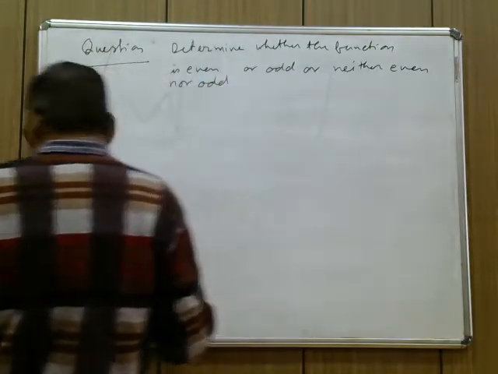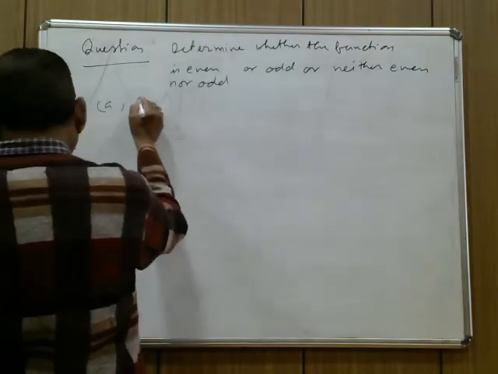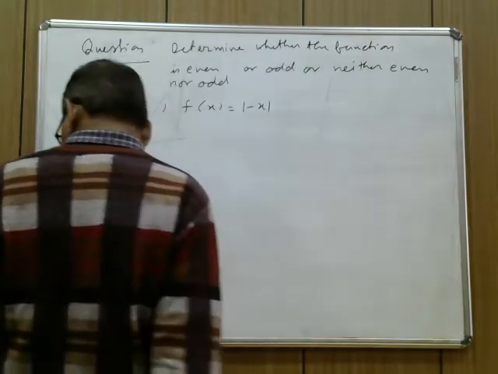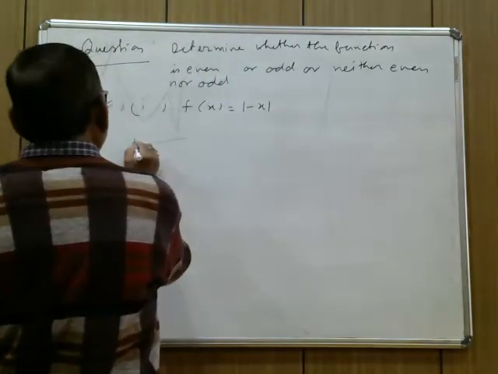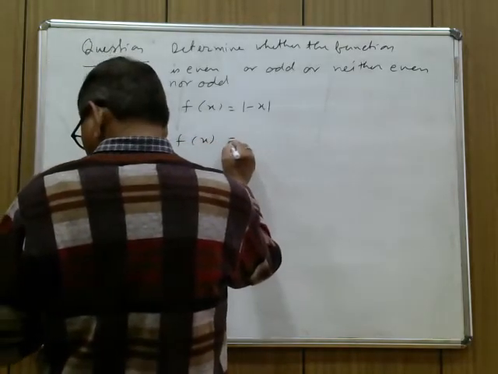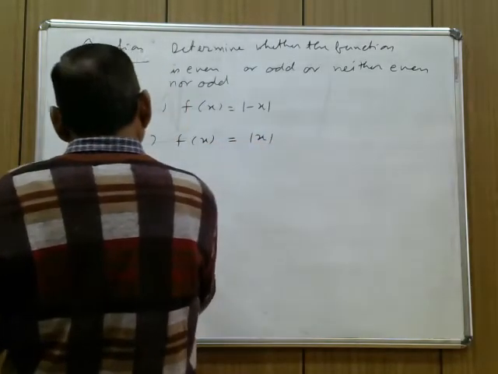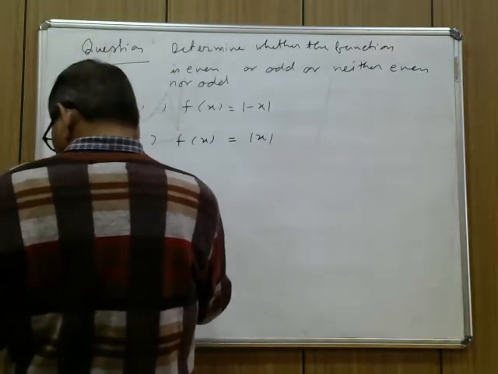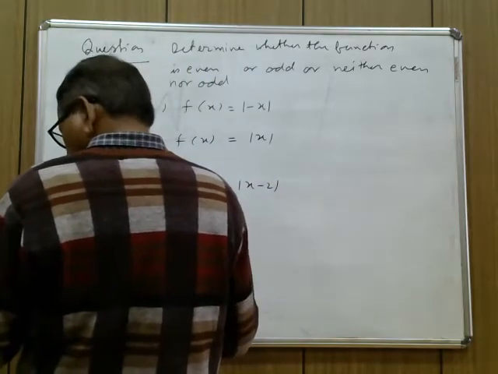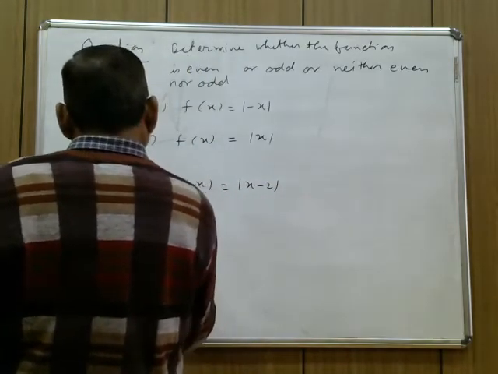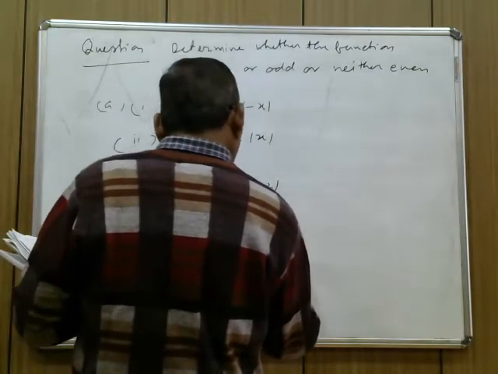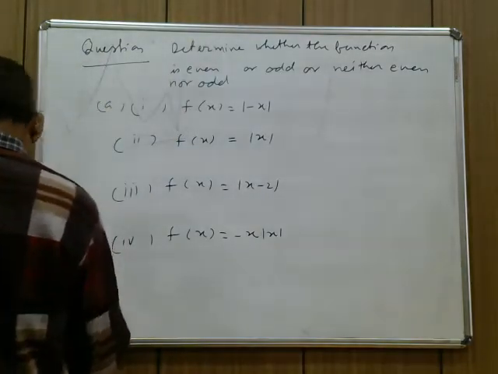I am taking so many examples. Your first part A, number 1, f(x) is equal to mod of minus x. Second, f(x) is equal to mod x. Third, f(x) is equal to mod x minus 2. Fourth, f(x) is equal to minus x mod x.